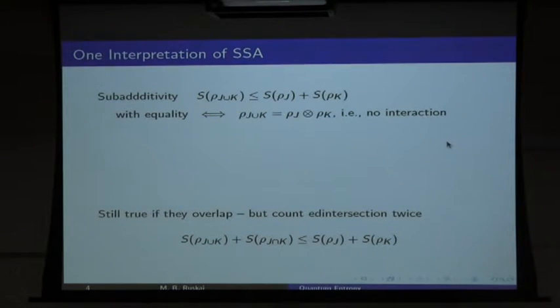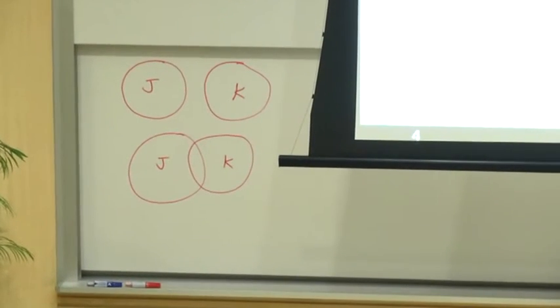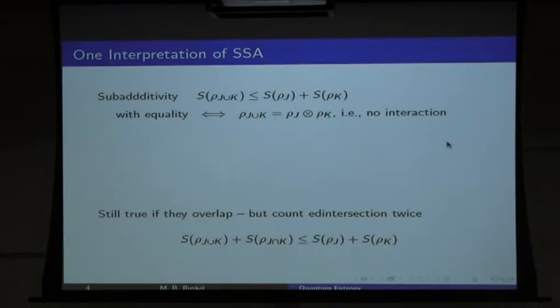So one interpretation in the original statistical mechanics was that you could have two systems, J and K. And then subadditivity says that the entropy of the joint system is less than the sum of the two entropies. And equality does not hold when the systems are separated, because separated systems can still interact.